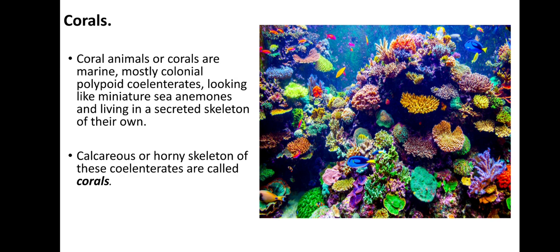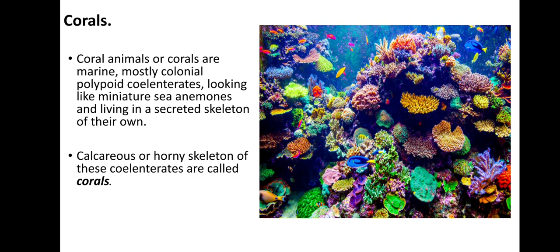Now, we are talking about Coelenterata, the cnidarians. Among these coelenterates, there are some special coelenterates which secrete the exoskeleton. These are generally marine ones, and they are special because they secrete that exoskeleton. These are generally called coral animals.